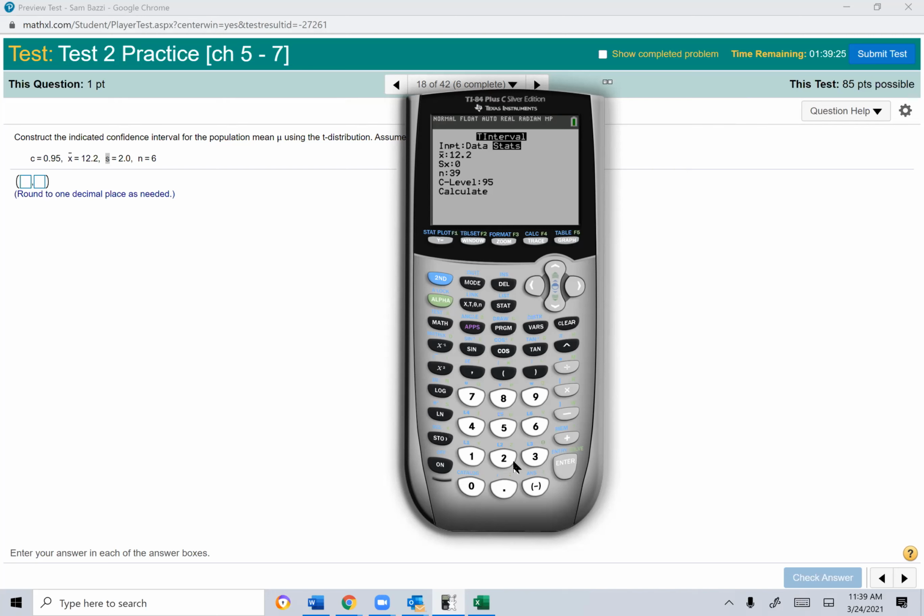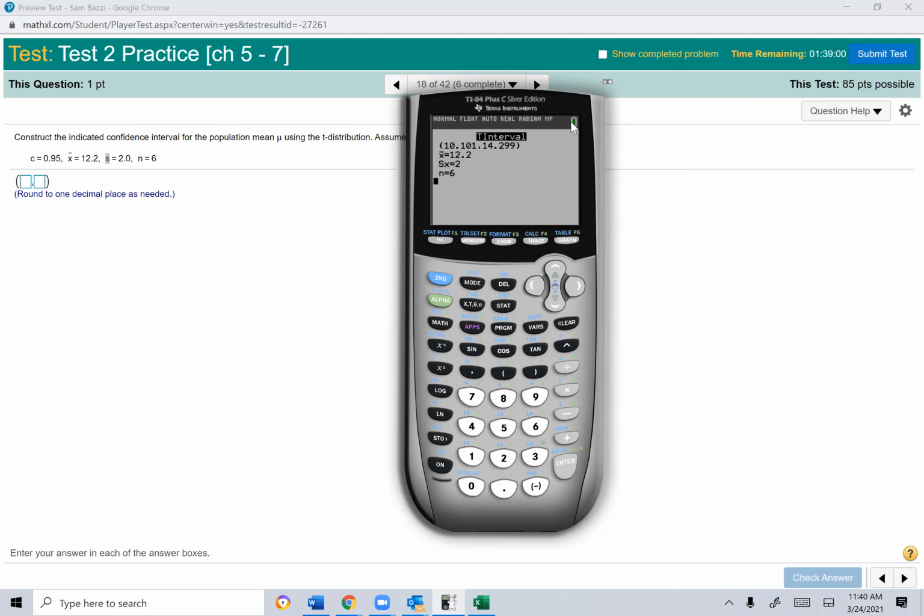S is 2. N is 6. When the sample is small, we use a T interval, and then 95. And here you go. So your interval is 10.1. How many decimals? It says 1 decimal place. So it's 10.1 and 14.3. That will be your interval.